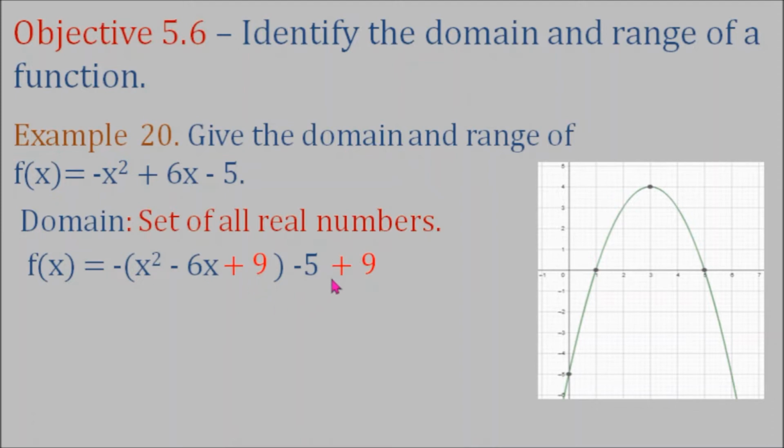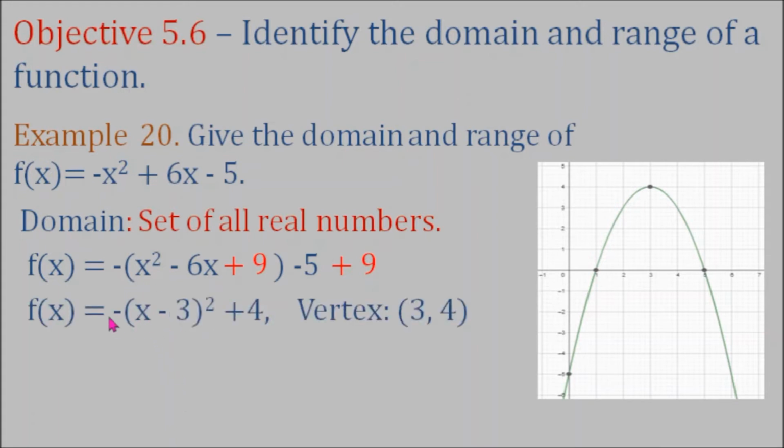So we are going to add positive 9 outside the parentheses. Now we can write this as the square of a binomial. It becomes negative times the quantity x minus 3 squared plus 4. Plus 4 because negative 5 plus 9 is 4. So our vertex here is 3, 4. It's here. Our range here is y is less than or equal to 4, meaning to say from 4 going downward.